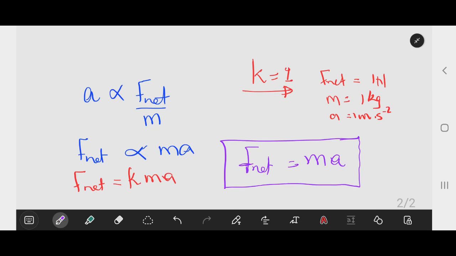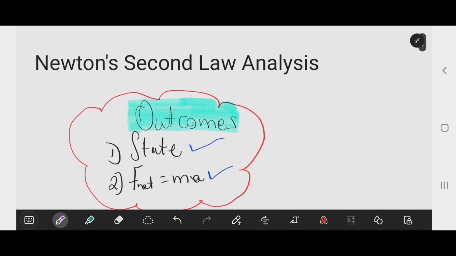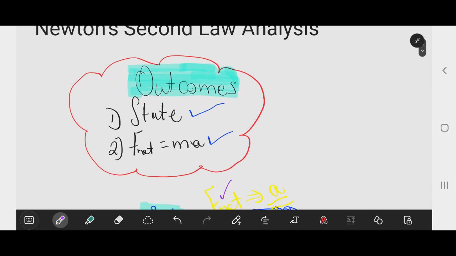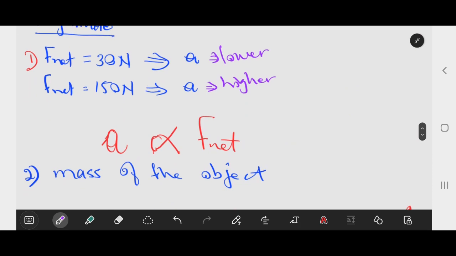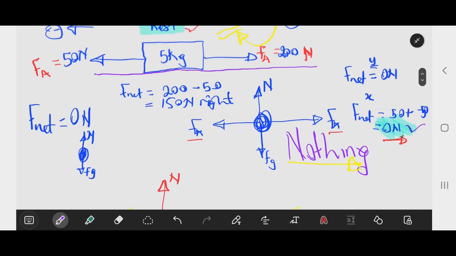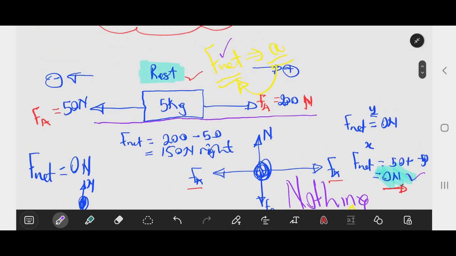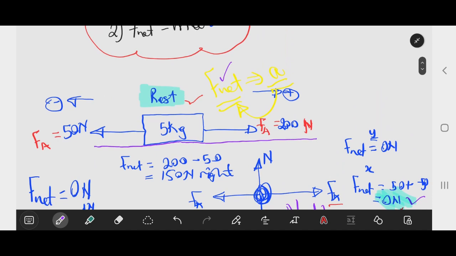So now we can go back to the first learning outcome of the lesson, which is stating Newton's second law of motion in words, right? So from the scenario that we explained here, when you apply a net force on an object, that object will accelerate in the direction of the net force, right?